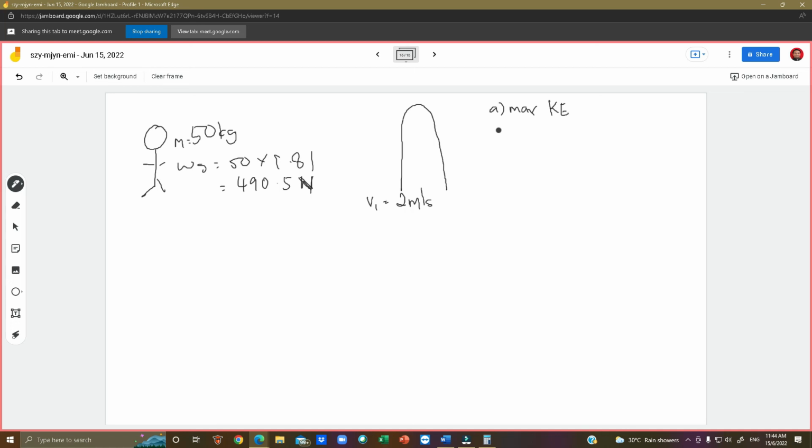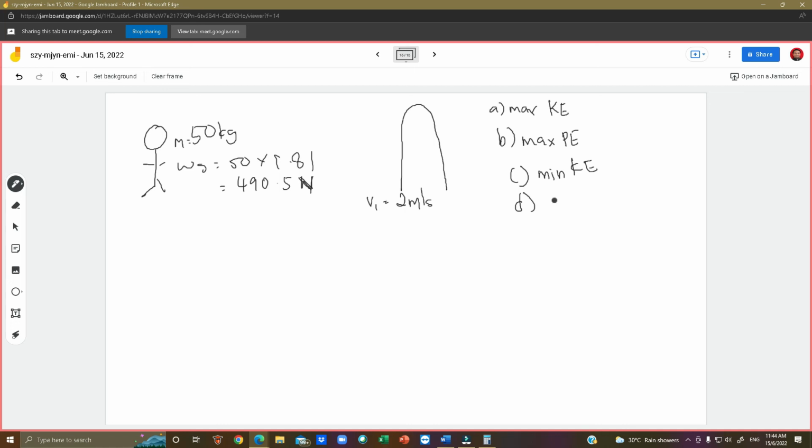B. What is the performer's maximum PE, potential energy? And C. Oh, ada banyak, ada D. C. What is the performer's minimum kinetic energy? And finally, how much is the performer's center of mass elevated during the jump?